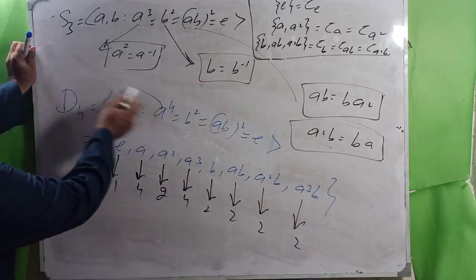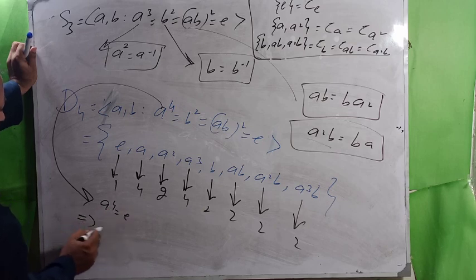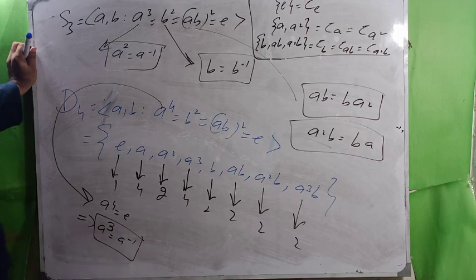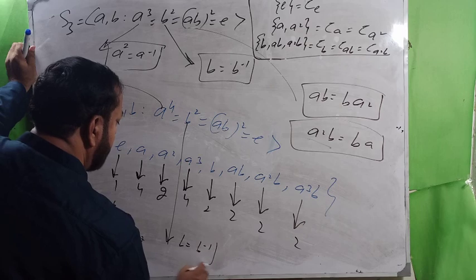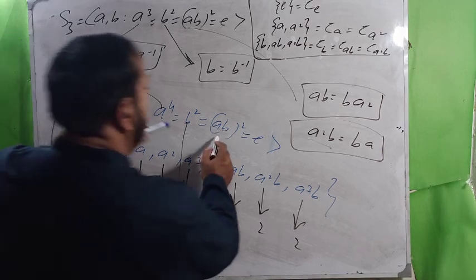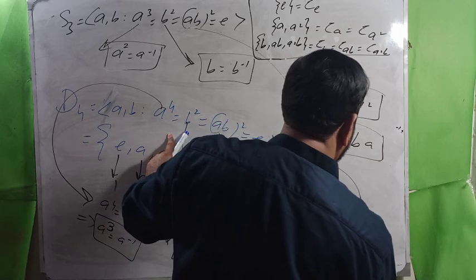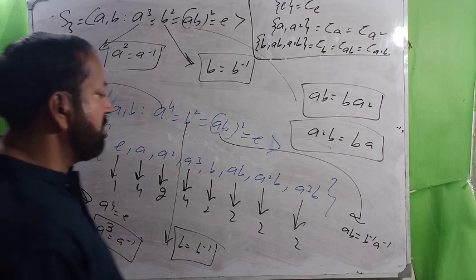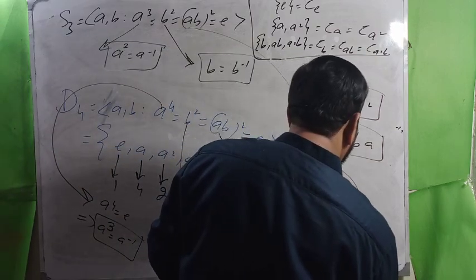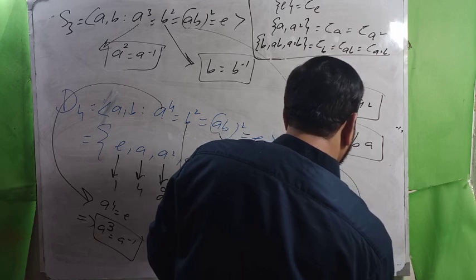From here, you can have that A4 is equal to E, meaning that A cube is equal to A inverse. And from here, you will have B is equal to B inverse, the same condition. From here, you will have AB is equal to B inverse A inverse, and here B inverse is B, so AB is equal to B A cube.